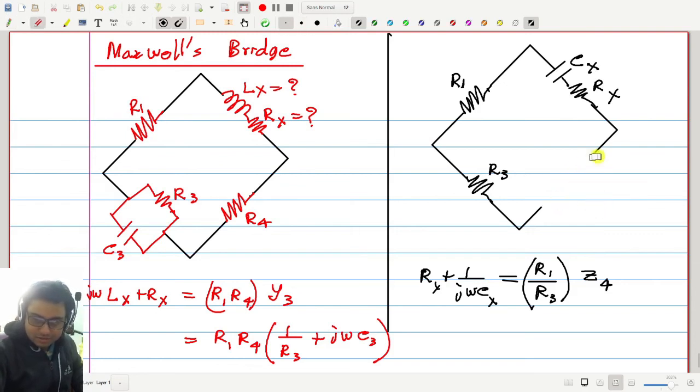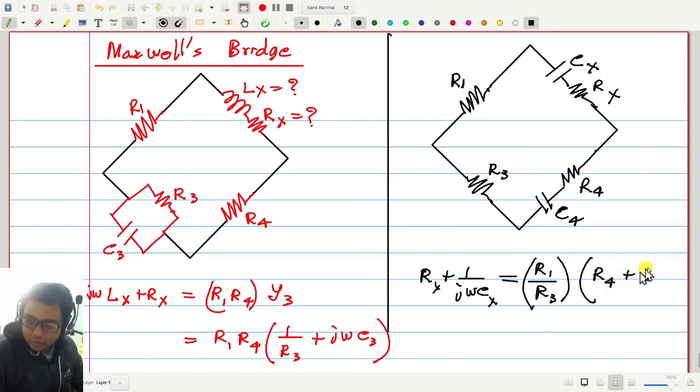Okay, let me just take a resistor and capacitor, like this: 1, 2, 3, 4, C4, R4. So then this will become R4 plus 1 by j omega C4, and I am done. My balance equation is ready.